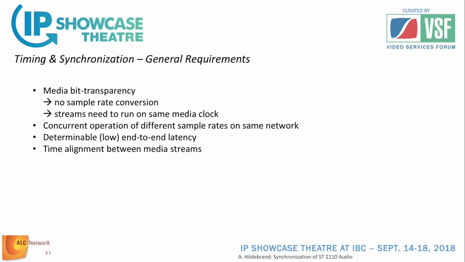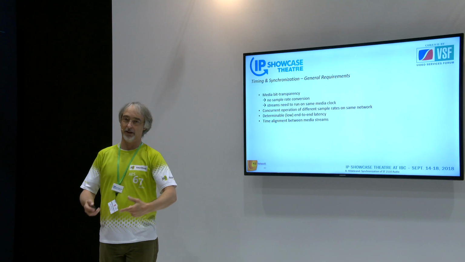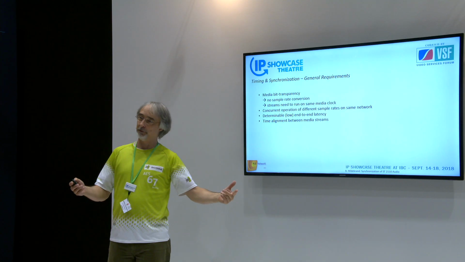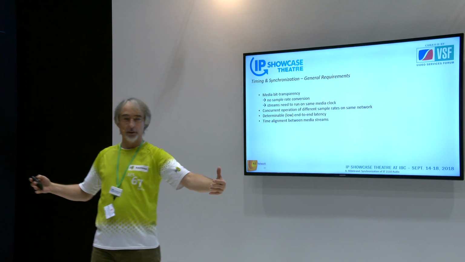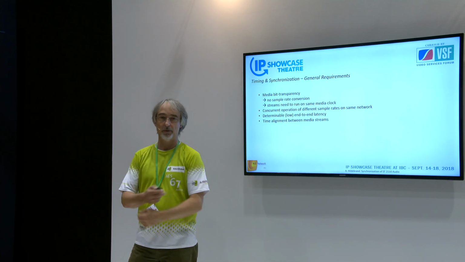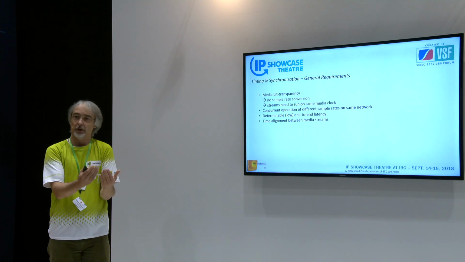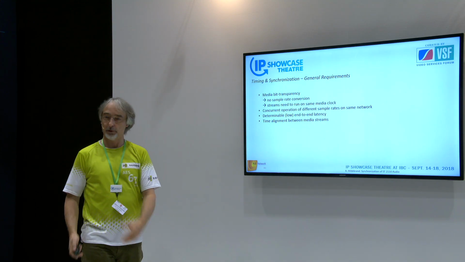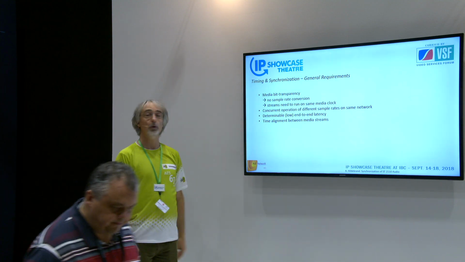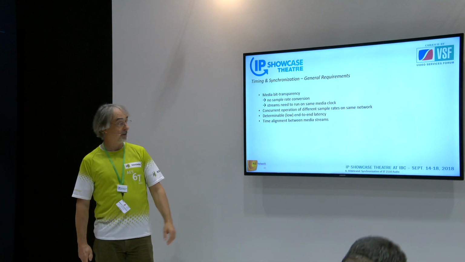And of course, we want to be able to time align all the streams on a network with respect to each other. If I have two microphones sitting in a stereo environment and they send off their streams individually to the network, I want to be able to actually sample accurately correlate these streams when further processing. So these are a few important requirements.